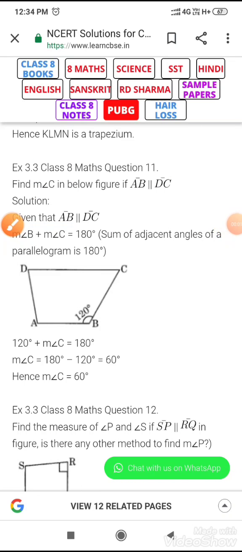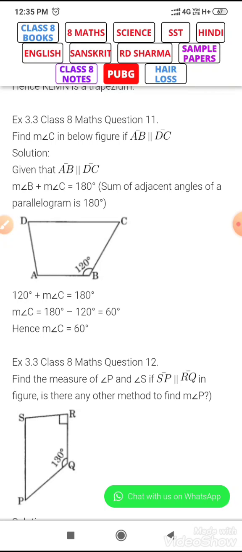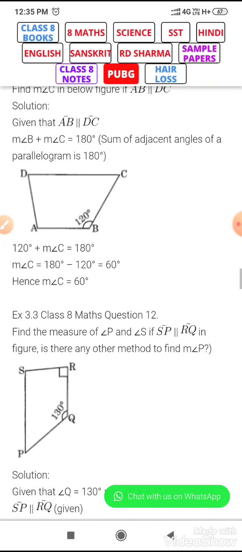In question number 11, we have to find out the measure of angle C in the figure. It is given in the figure that side AB is parallel to side DC. In the figure, ABCD is a quadrilateral and AB is parallel to side CD. As we all know, if sides are parallel, then the sum of co-interior angles or adjacent angles is 180 degrees.